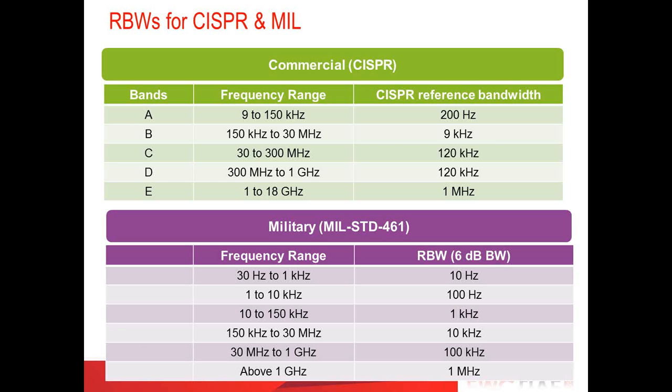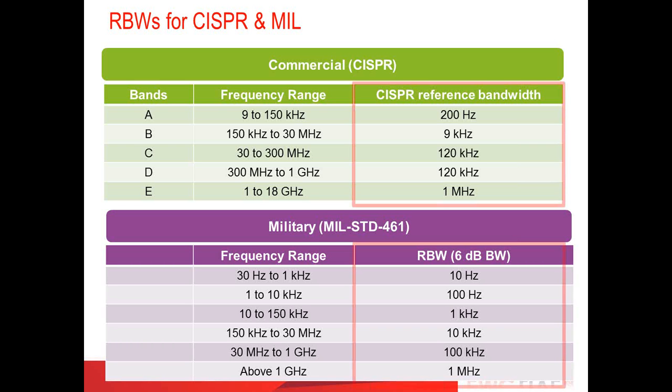However, for compliance measurements, the standards call out very specific resolution bandwidths. For commercial, we have the CISPR reference bandwidth, and for military, MIL-STD-461, they call out 6 dB RBWs. So for pre-compliance measurements, it may be okay if you need to improve your noise floor, but you need to use very specific RBWs for compliance measurements.